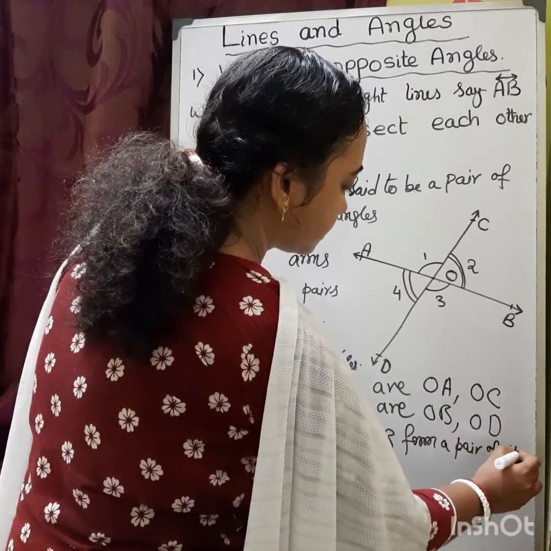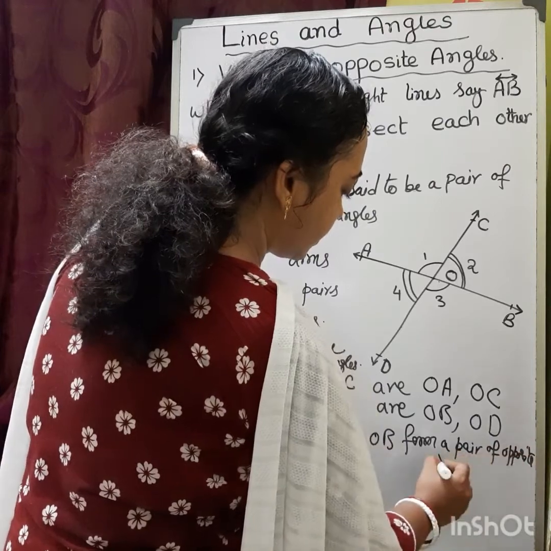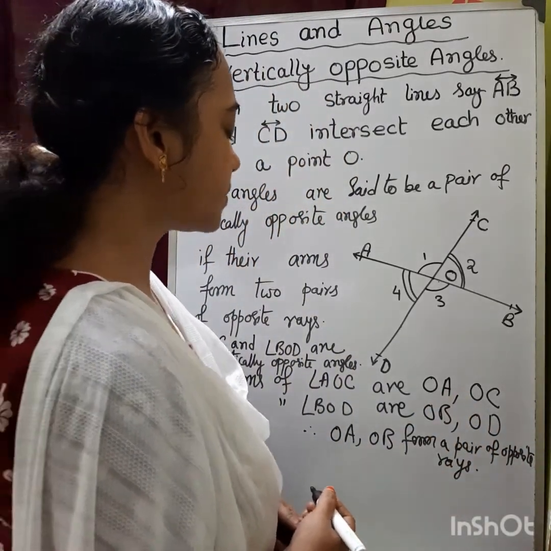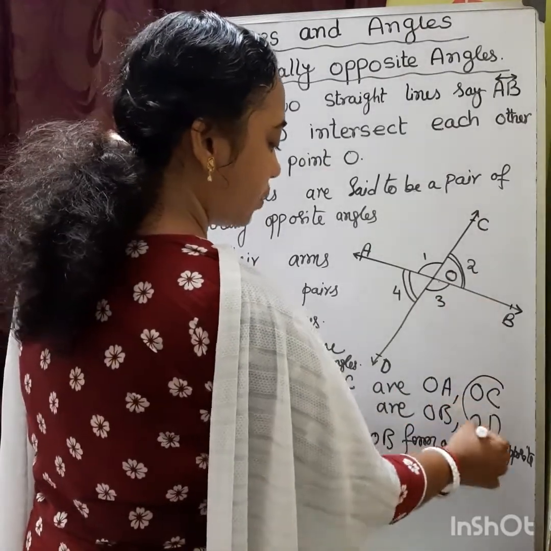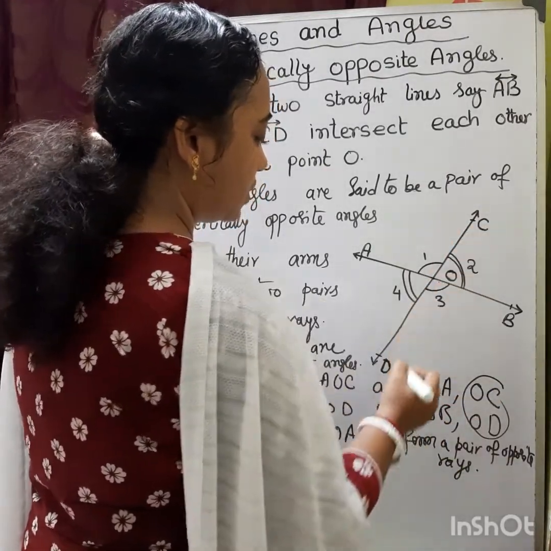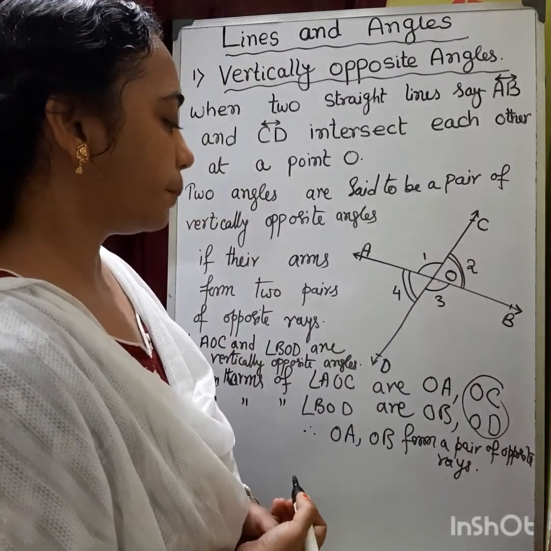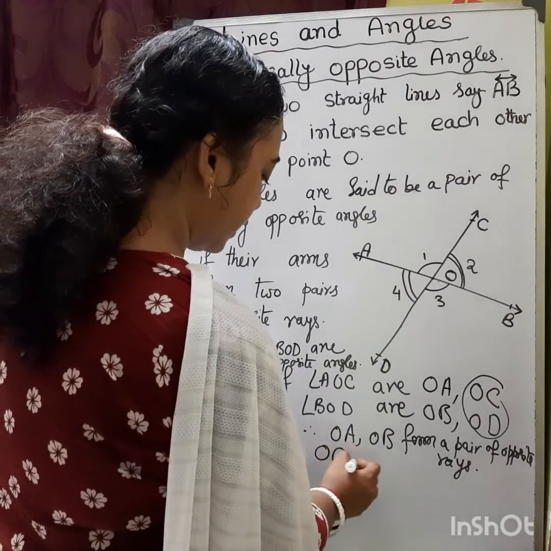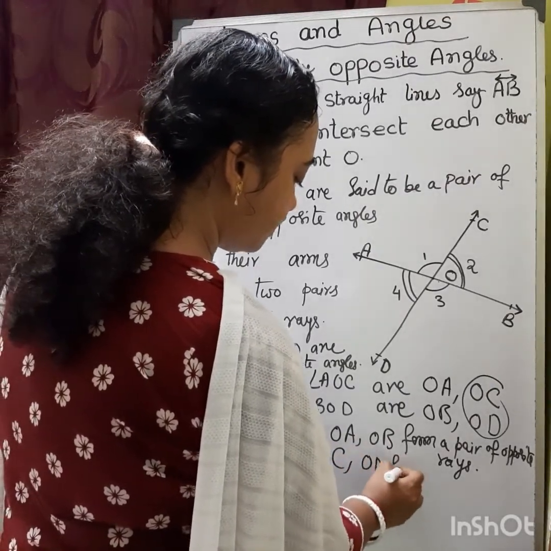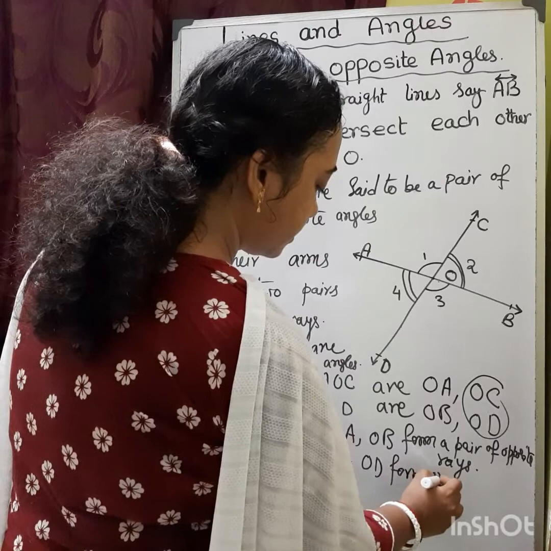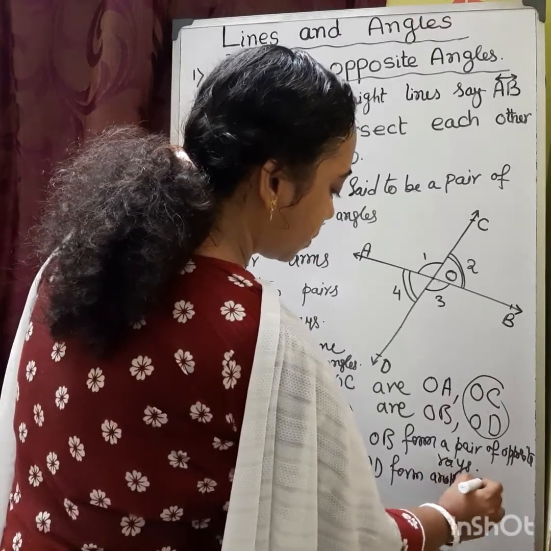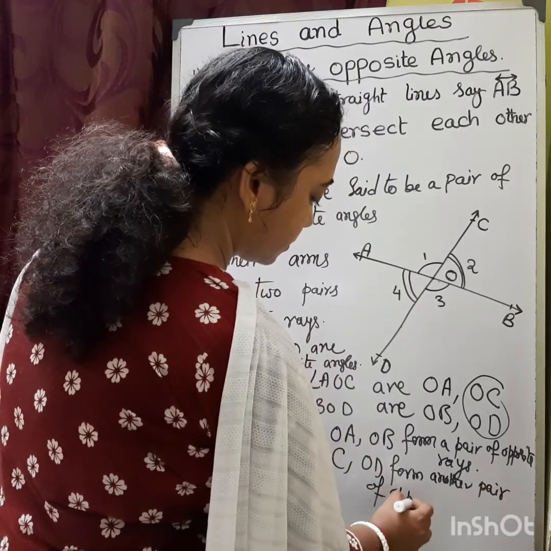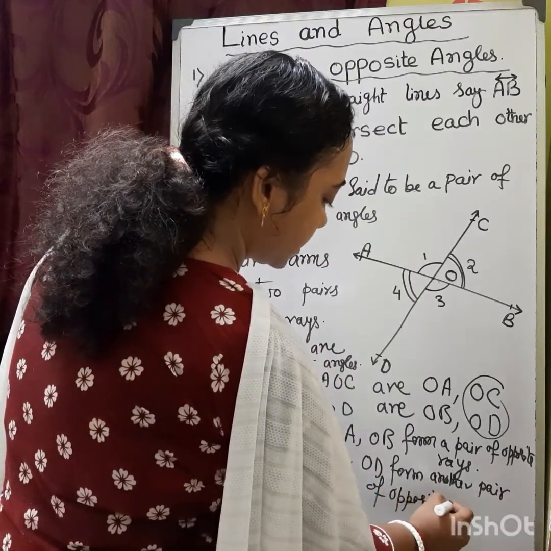So therefore arm OA and OB form a pair of opposite rays. Similarly, if you observe OC and OD, this will again form another pair of opposite rays.